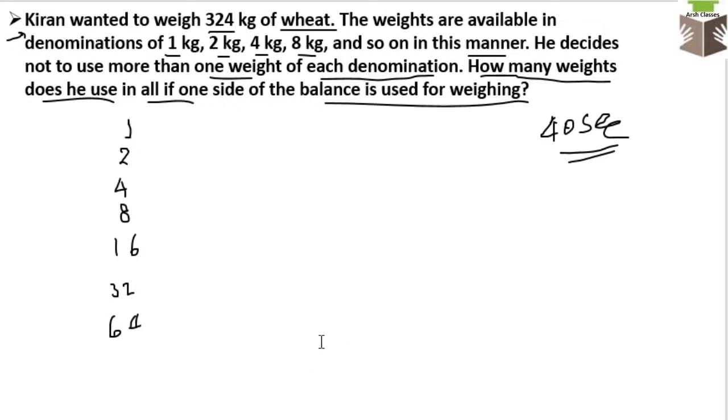Just a little bit of common sense and try to answer. Come on.